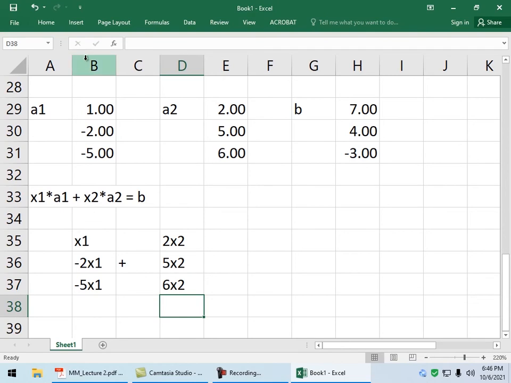Okay. And of course, we need to equalize this with our numbers over here: 7, 4, and minus 3. And here, when we see this inside the vector form, I assume that you understand that we have these square brackets, which denote our vectors.